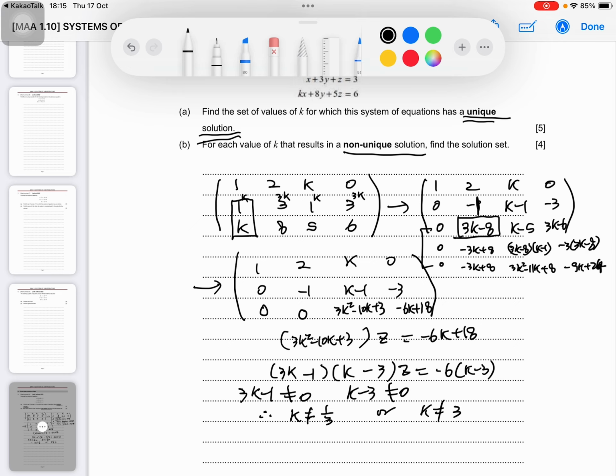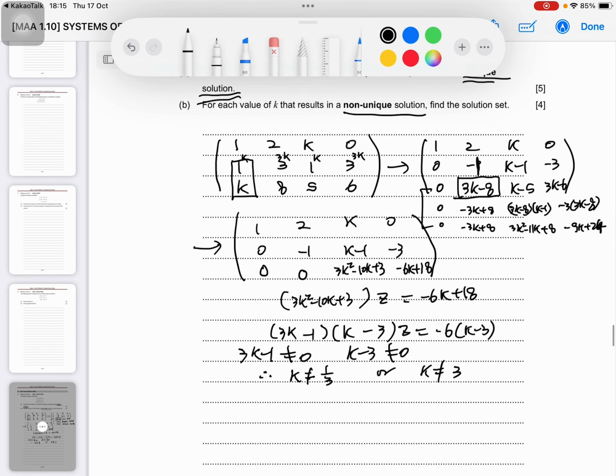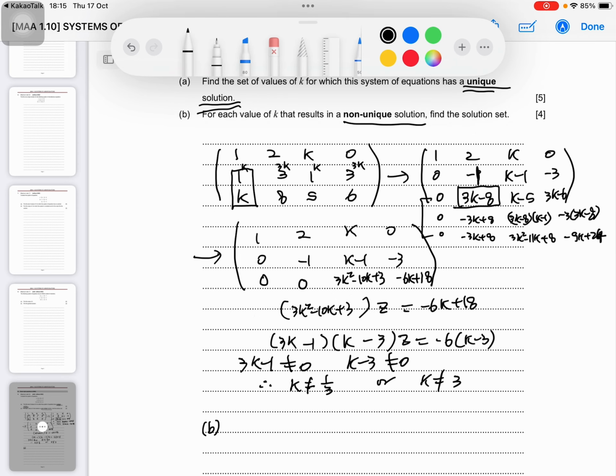And number B, non-unique solution. In this case, find the solution set. Actually, there are two different cases. When k is 1 over 3, only the left side is 0 and the right side is not 0.